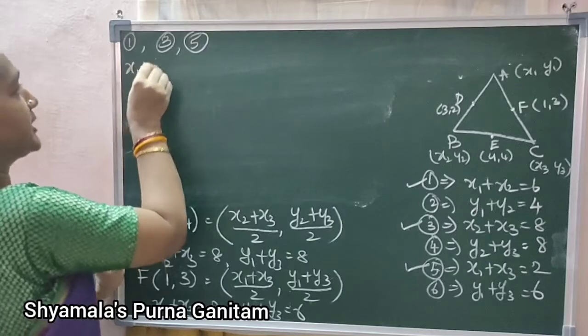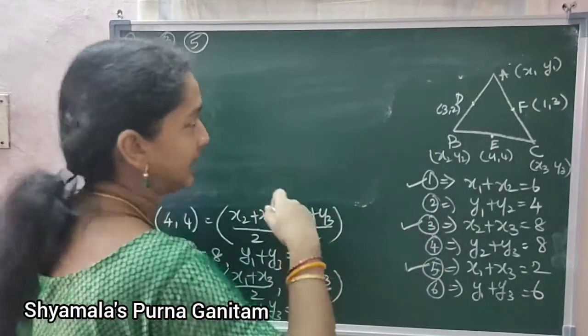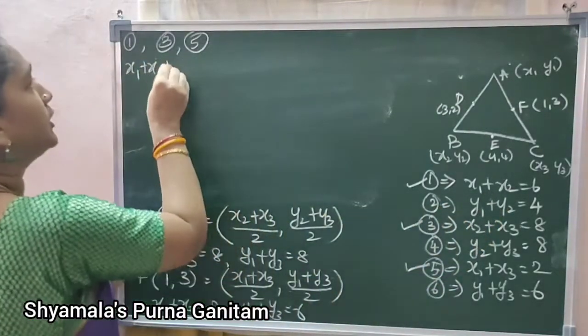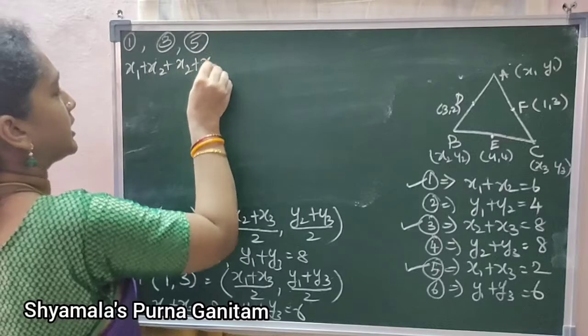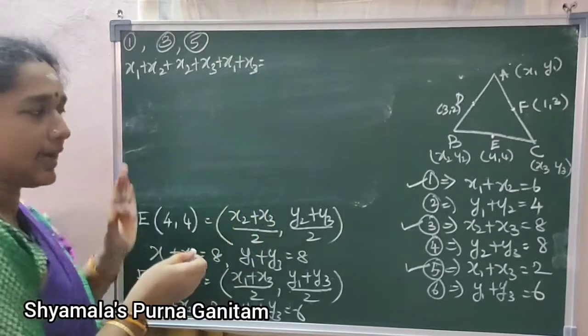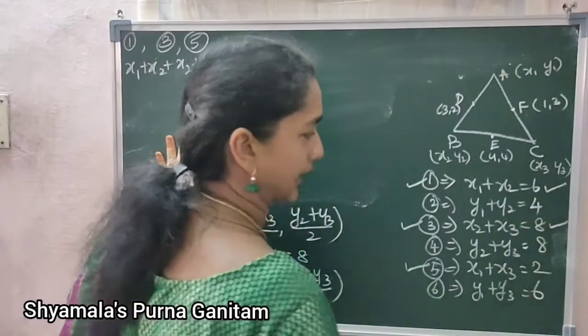So x1 plus x2, I am adding LHS and RHS: x1 plus x2 plus x2 plus x3 plus x1 plus x3. When I add the LHS, the right side also I will add.